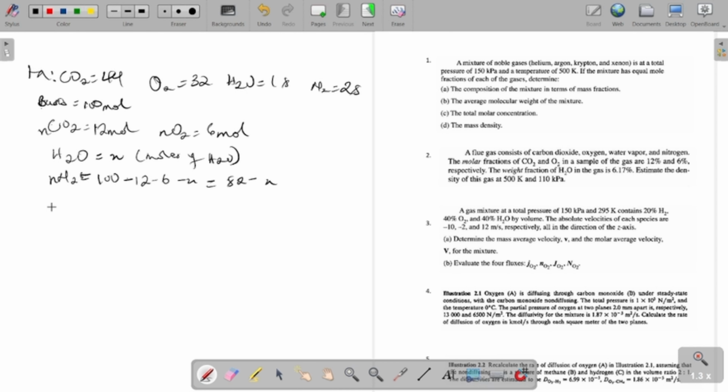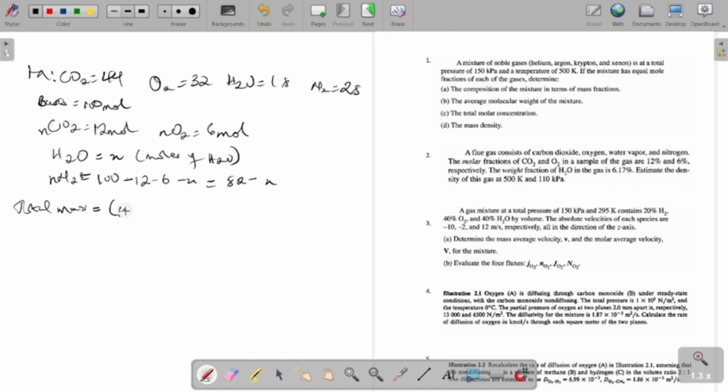Over here we can also calculate the total mass, which is the number of moles times the various molar masses.